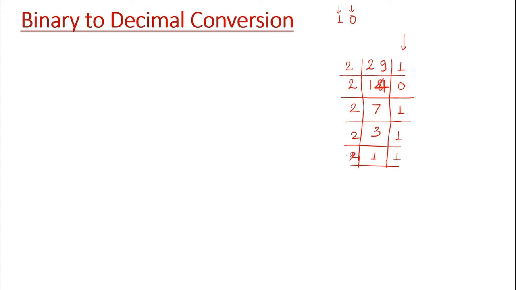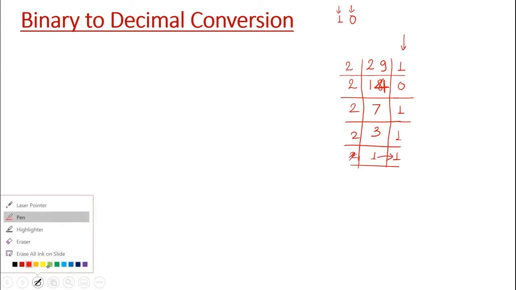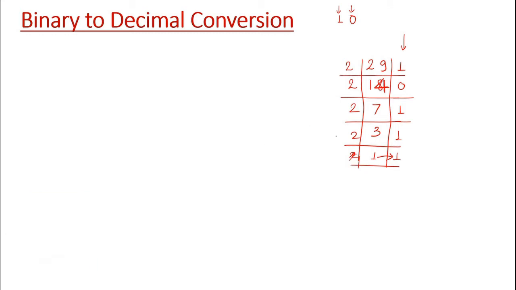Or we can say that we don't divide by 2 because only 1 remains, so simply put it on this one. And whenever we are writing the binary number, we always write from the bottom to top like this. So the binary conversion of 29 will be what?